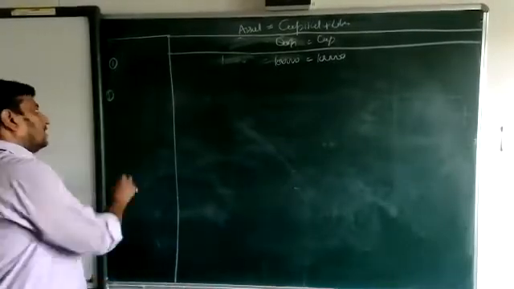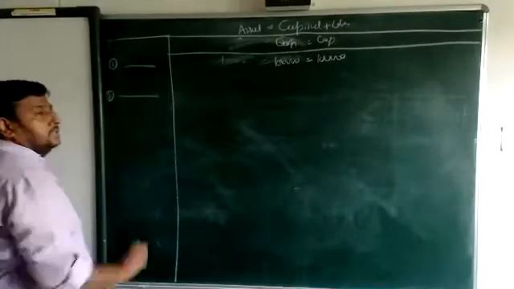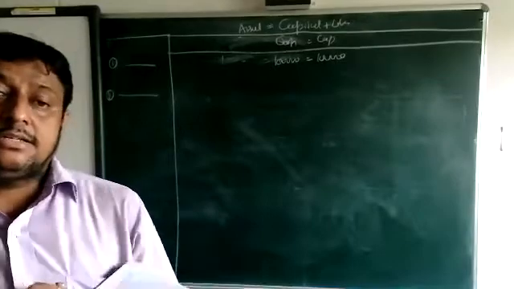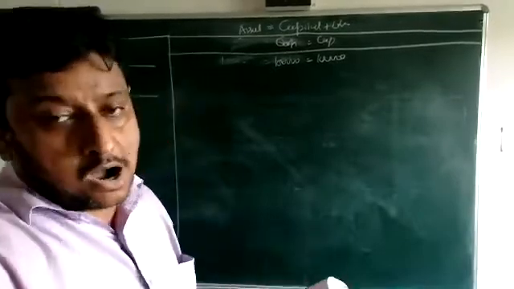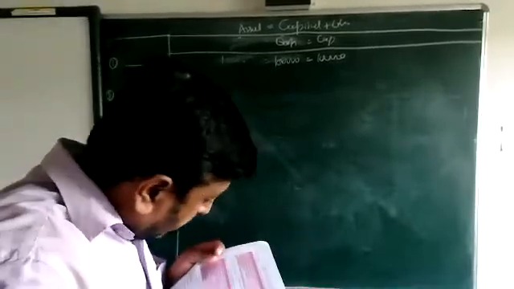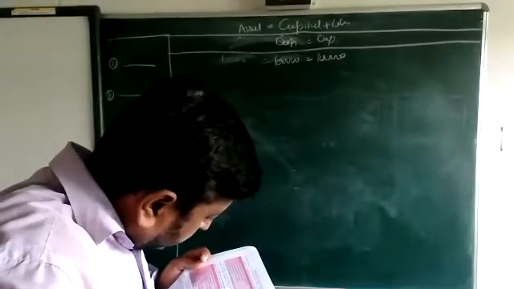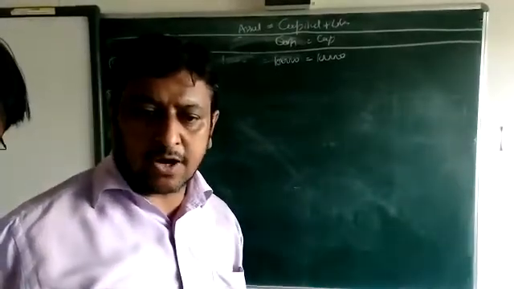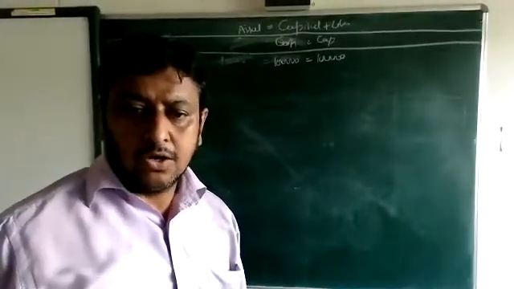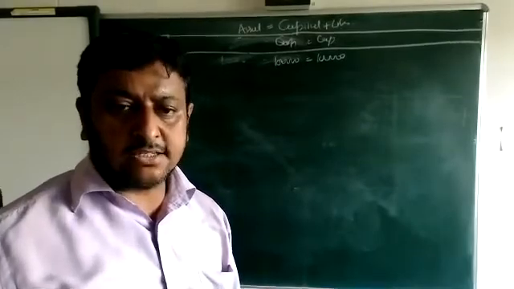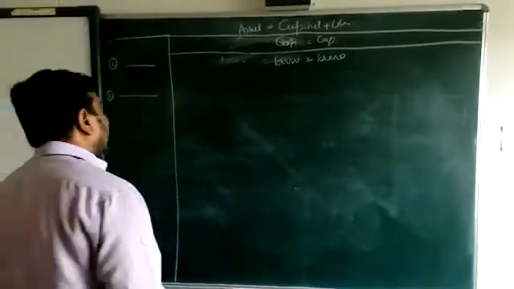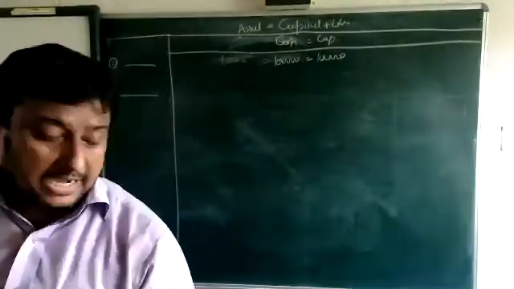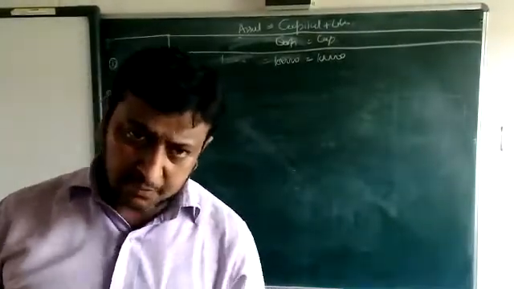Next, whatever equation is given in the question is entered here, and then we show its effect. Purchase furniture for cash 5,000. Then you are purchasing furniture for cash 5,000, which means you are receiving furniture.